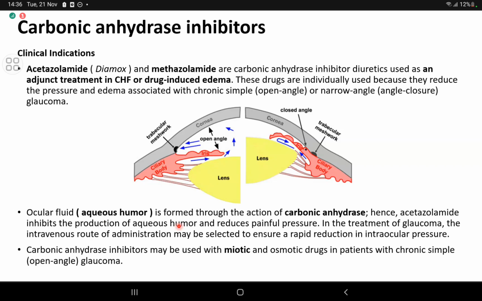The side effect of carbonic anhydrase inhibitors is miosis.